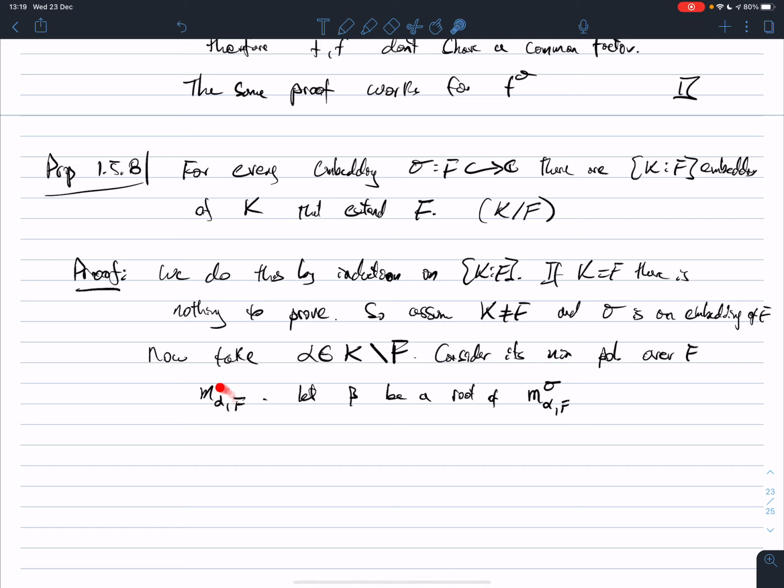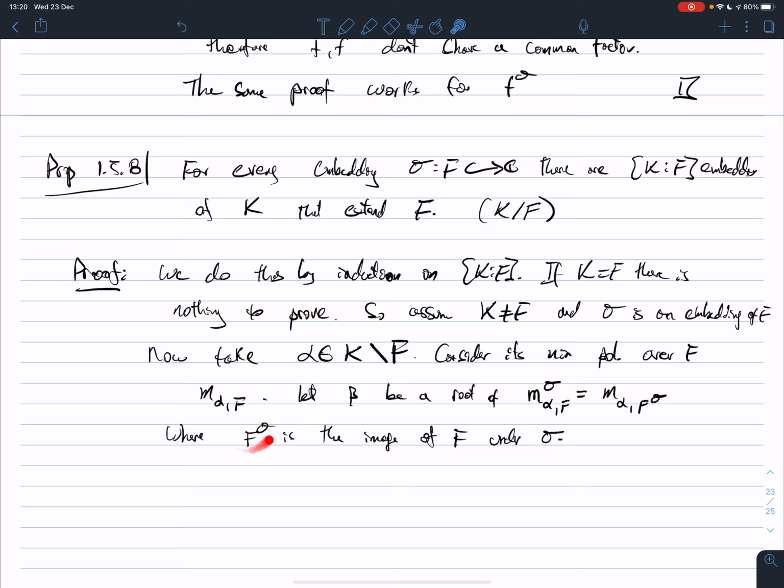I take m_α, which is my minimal polynomial, and to every coefficient I apply my embedding σ. I get a new polynomial. The thing to note is that this is the same as m_α,F^σ, where F^σ is the image of F under σ. So σ is a field homomorphism, and the image is going to be a field.